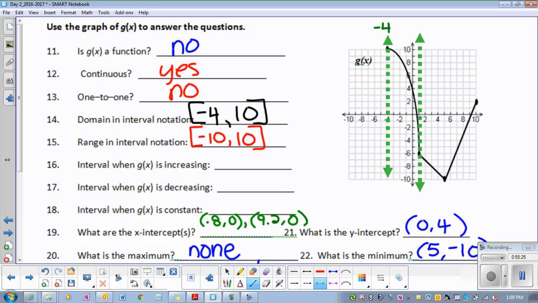So I'm going to draw another dotted line where it changes direction. What x number does this dotted line go through? 1. So up here I'm going to write +1. Anywhere that the graph changes direction, it changes direction right there, so I'm going to draw another dotted line.